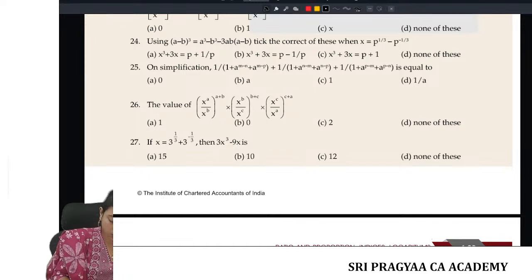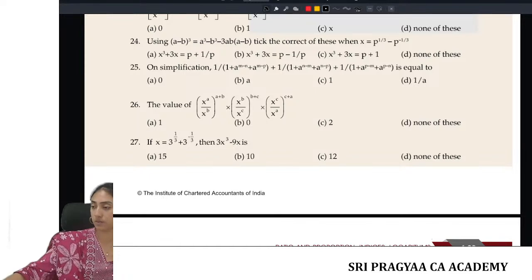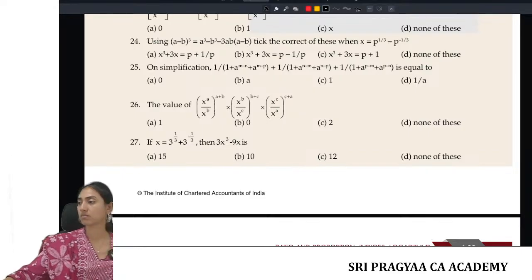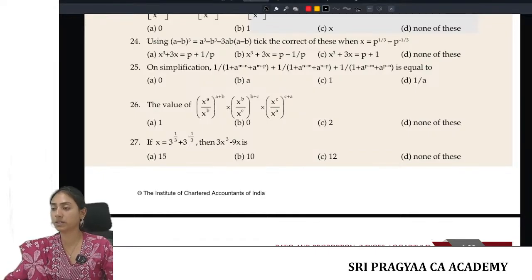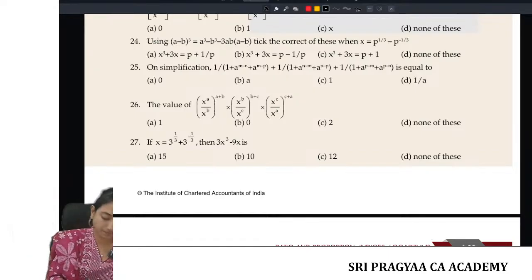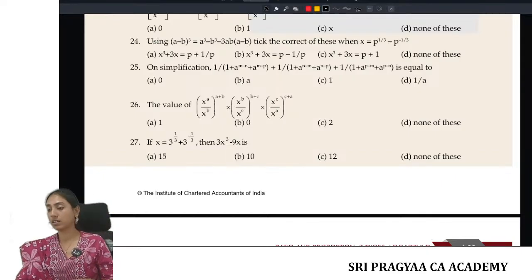Example 3 in 1.5, and then the additional questions.